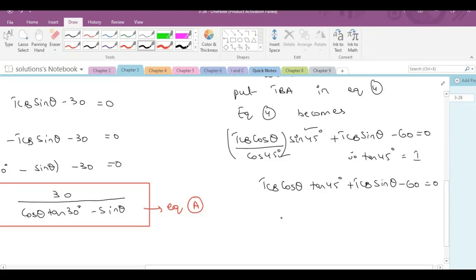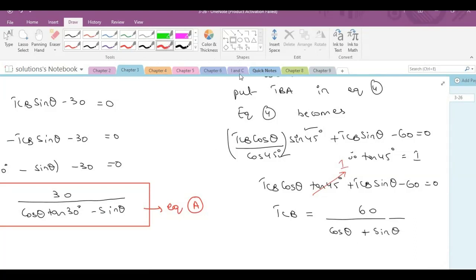So upon further simplification and after taking out the TCB as a common, our equation simplifies to 60 over cos theta, just the cos theta, because this tan 45 becomes 1, plus sin theta.